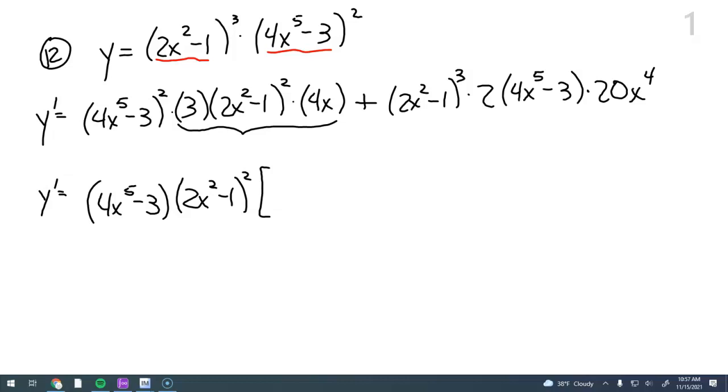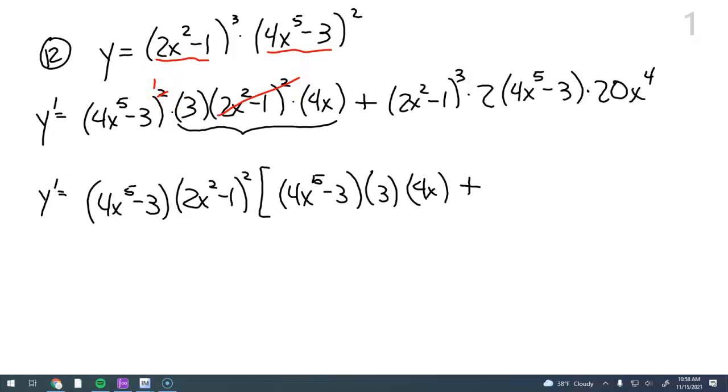Yes. So if I do that, what's left here is 1 of the 4x to the 5th minus 3's, this 3 and the 4x, because that one cancels.